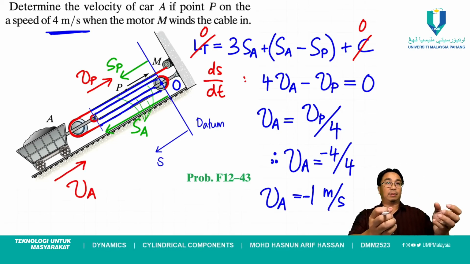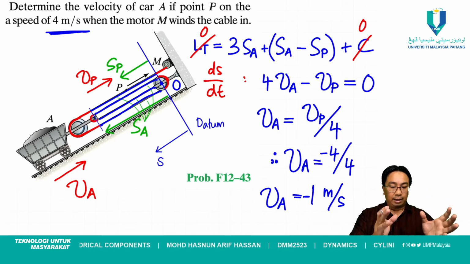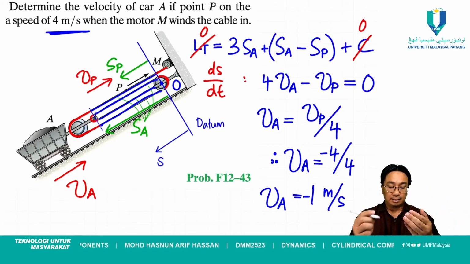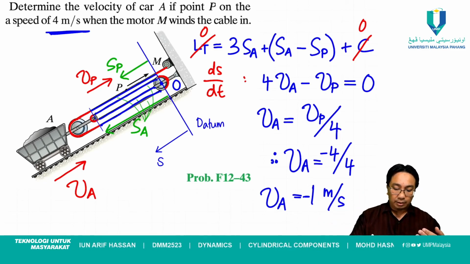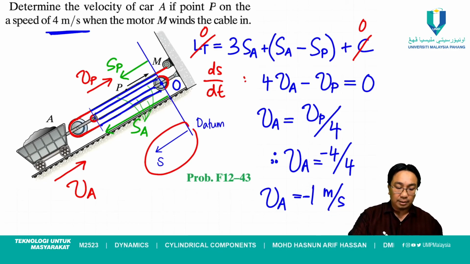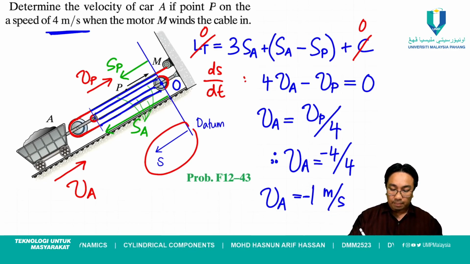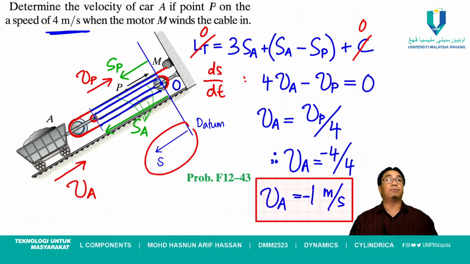Bila tali tu tarik, the car A akan bergerak ke atas ke arah yang bertentangan dengan coordinate system kita, S ke bawah. So that's why it becomes negative. So this will be the final answer, negative 1 meter per second.